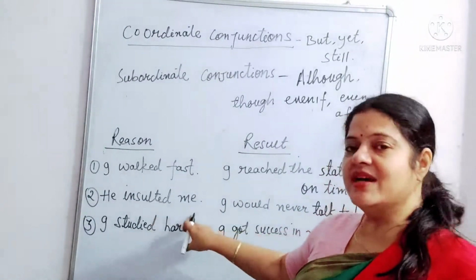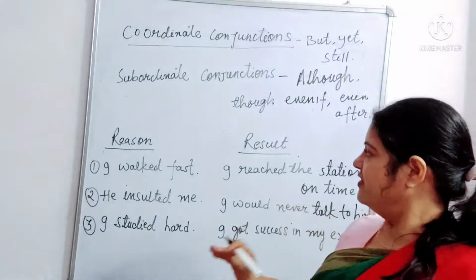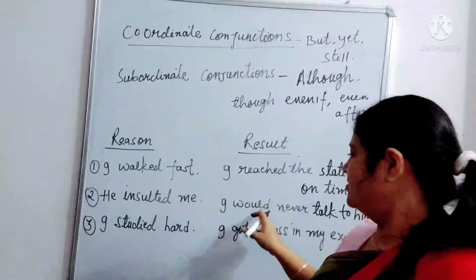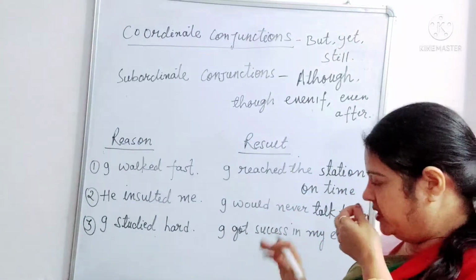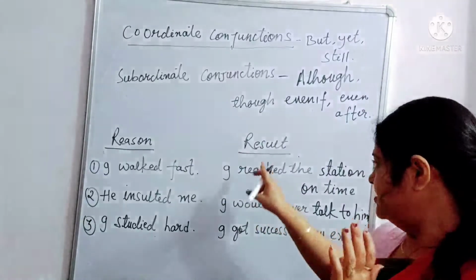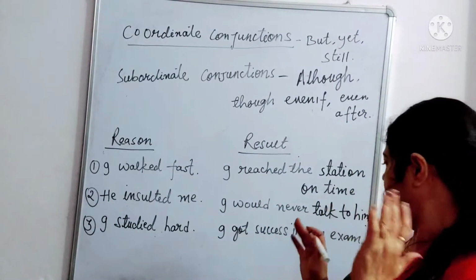Second, he insulted me. I would never talk to him. Since we know that the reason is he insulted me and the result is that I would never talk to him. Now, third, I studied hard, and the sentence showing result, I got success in my exam.